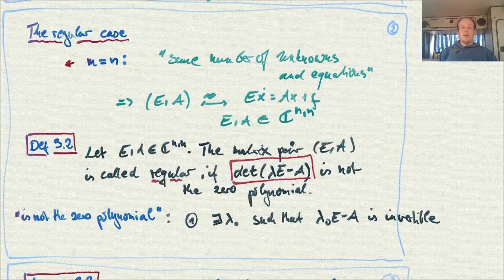Well, that's not a zero polynomial, so the determinant will give you a polynomial in lambda, and there is one lambda such that you won't have a zero determinant here.